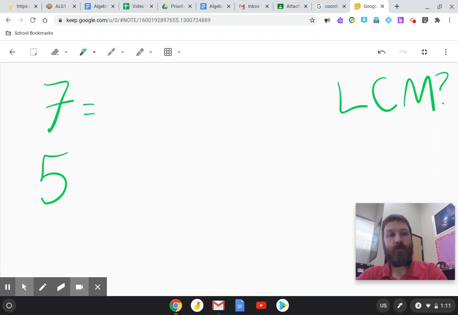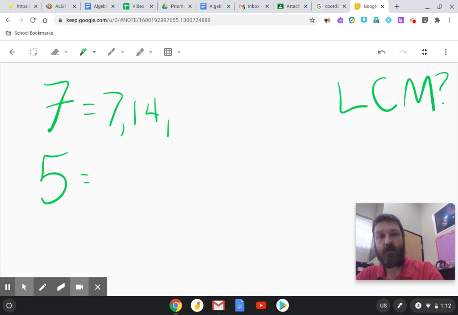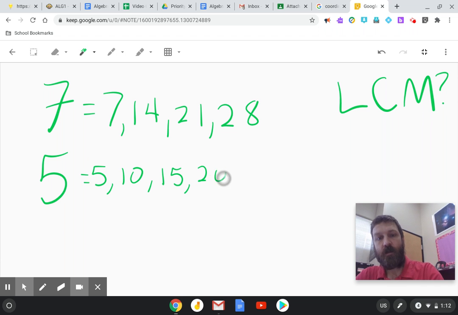then we can simply find it by writing a list of the numbers that these multiply to make. So 7 could be 7, 14, 21, 28, 35. 5 is 5, 10, 15, 20, 25, 30, and of course 35. And what I'm doing is I'm looking for the first time that these lists match.